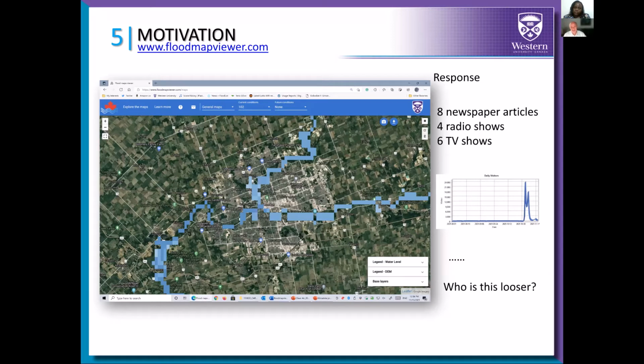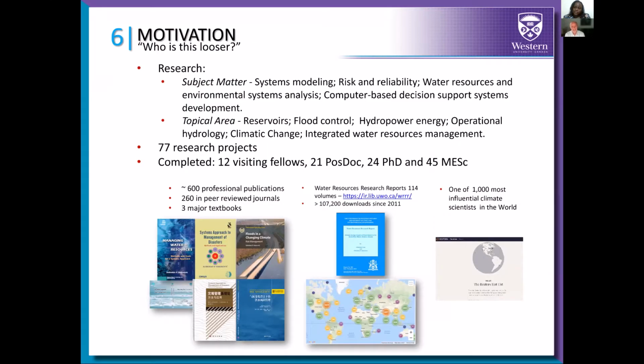So in order to introduce myself, I decided to answer this question just a little bit. I've been in this field for a pretty significant amount of time. I'm a senior researcher dealing with water resources and risk, reliability, and flooding especially is in the focus of my research.